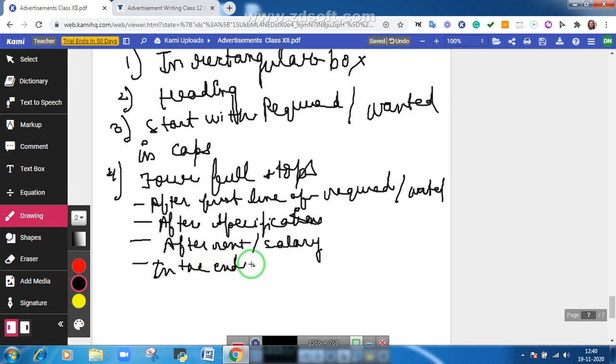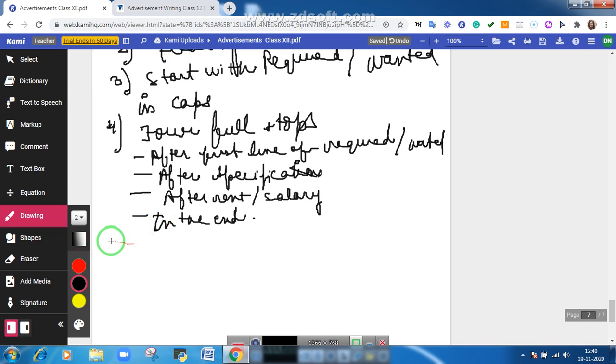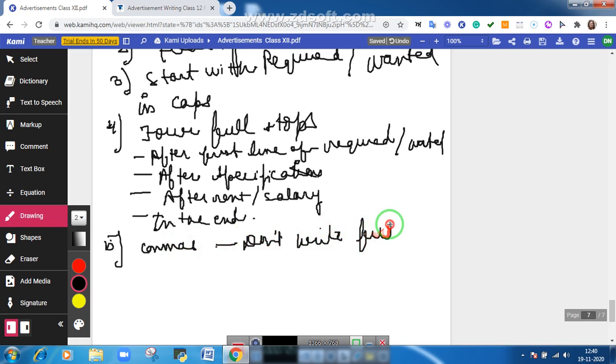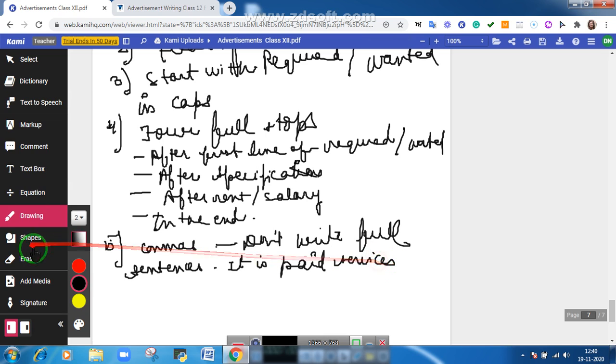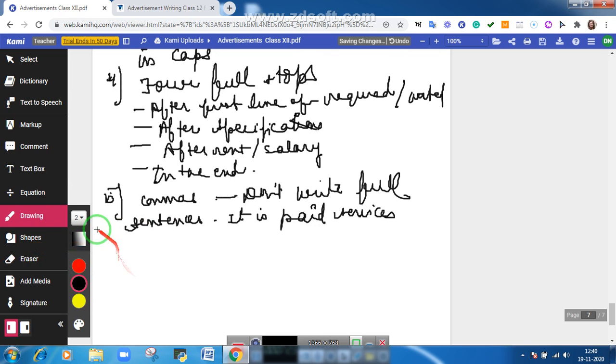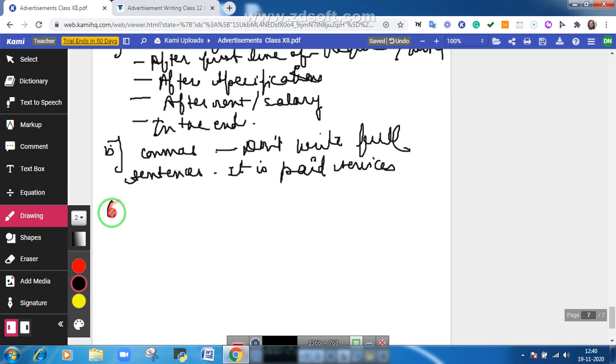So this is where you will write full stops. Then you have to use commas. Don't write full sentences because you are paying for that. Remember, it is a paid service. So we do not have to write full sentences, and the word limit for this is 50 words.